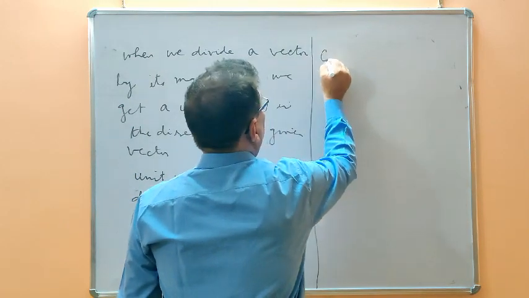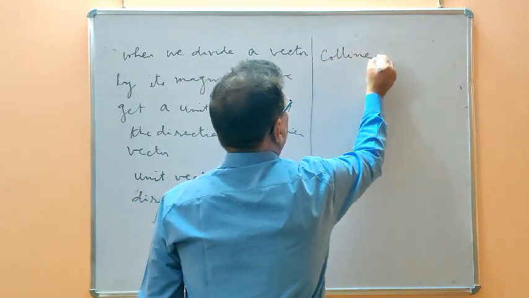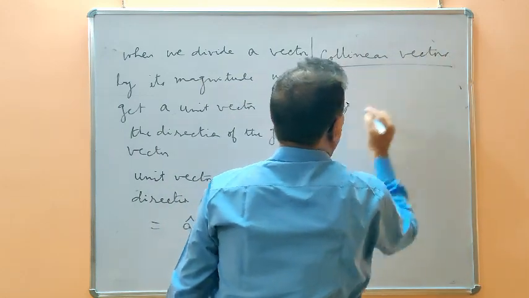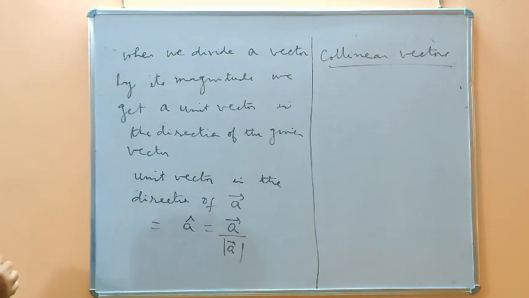After that we have collinear vectors. What is the meaning of collinear vectors?